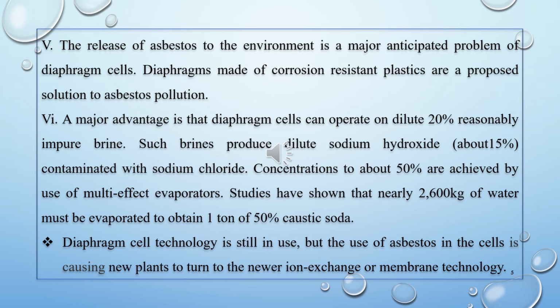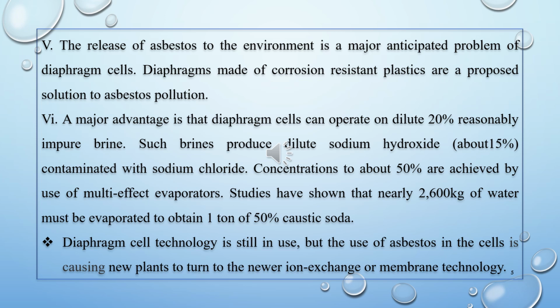The next point is that the release of asbestos to the environment is a major anticipated problem of diaphragm cell. Diaphragms made of corrosion-resistant plastics are a proposed solution to asbestos pollution.